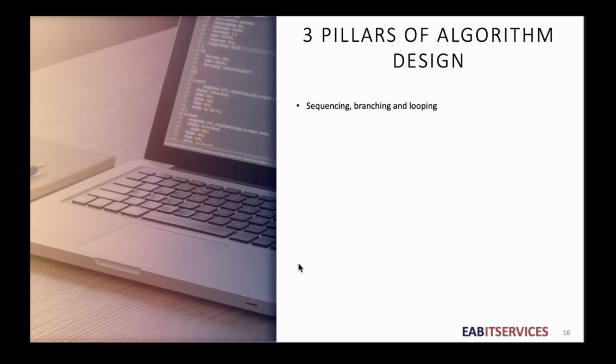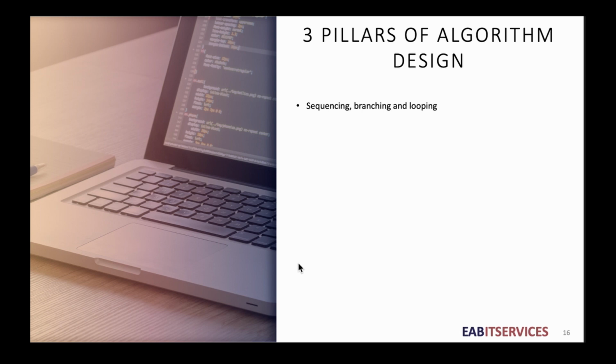And sometimes you will need to repeat a certain set of instructions until you attain a certain result. So we term these the 3 pillars of algorithm design. Thus the theory of algorithmic flow boils down to understanding just these 3 things.